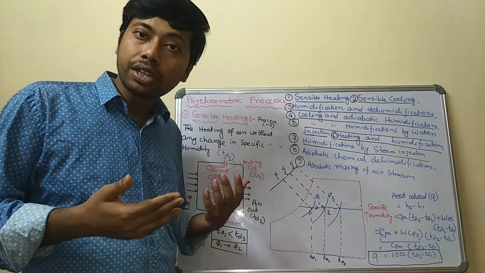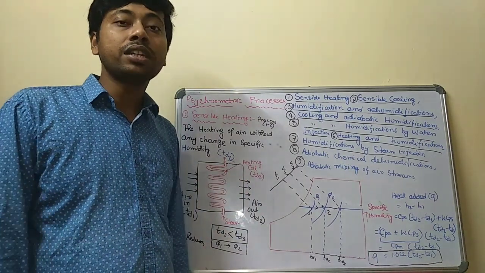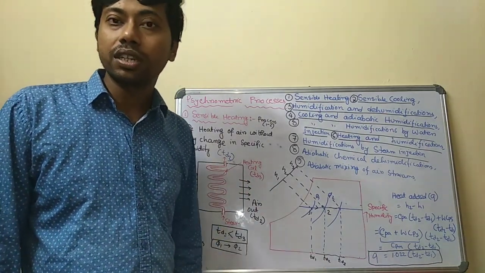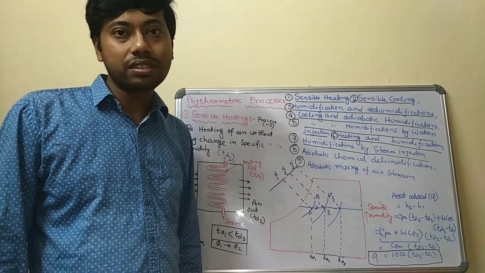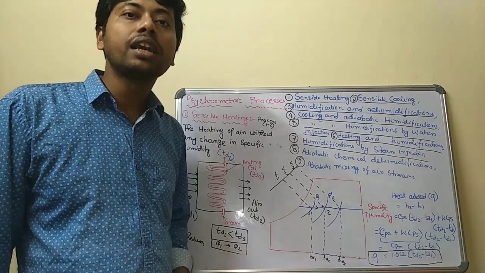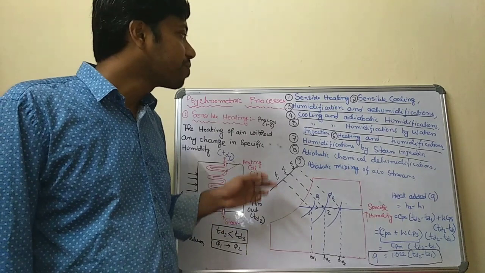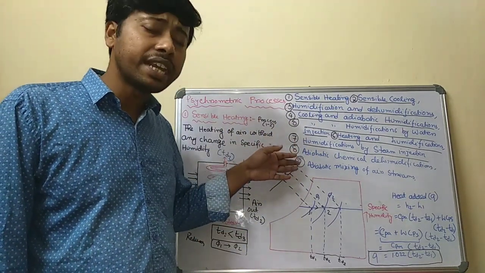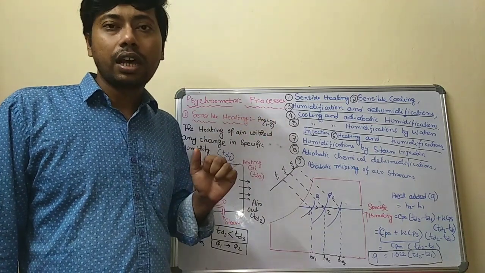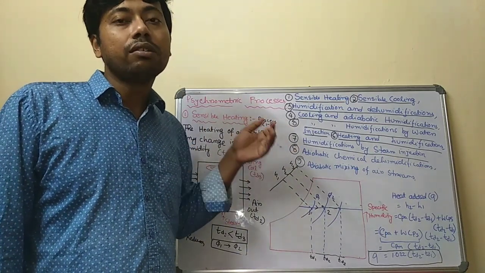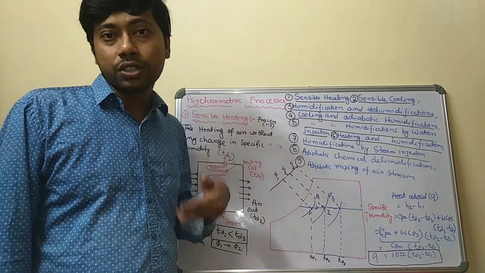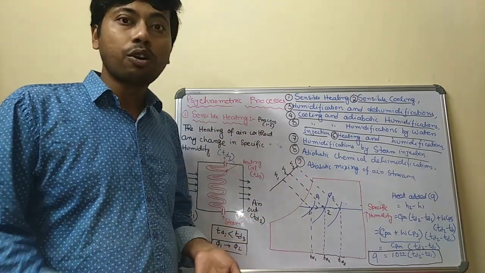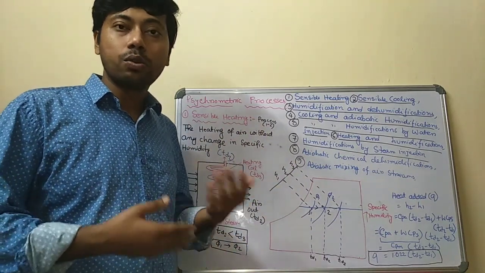That is called a psychrometric process. There are different types: sensible heating, sensible cooling, cooling and dehumidification, humidification, dehumidification. So these are the 9 or 10 psychrometric processes. In this way, you can change the thermodynamic properties of moist air, but the process varies from one to another.